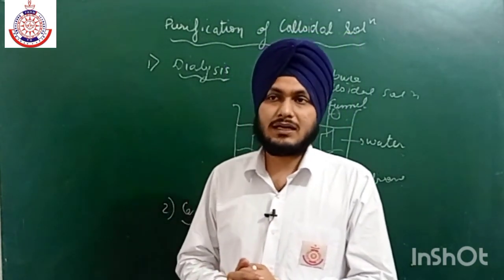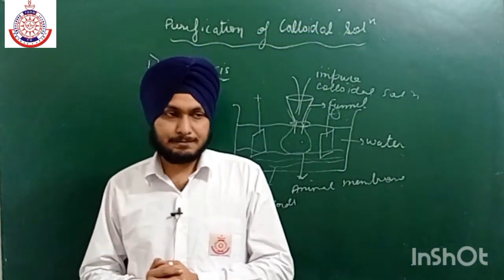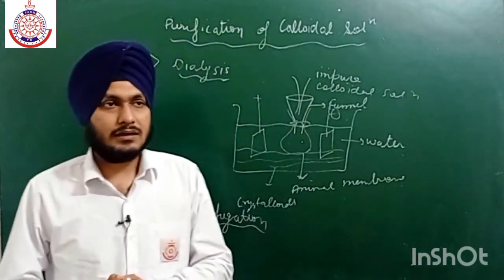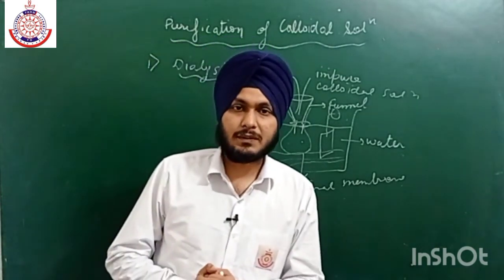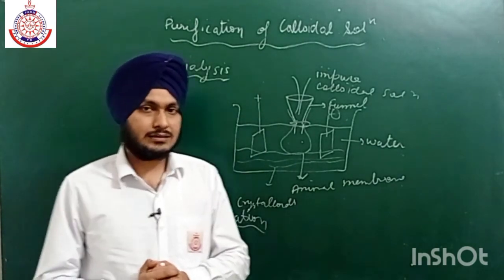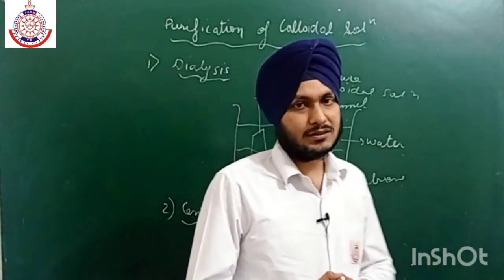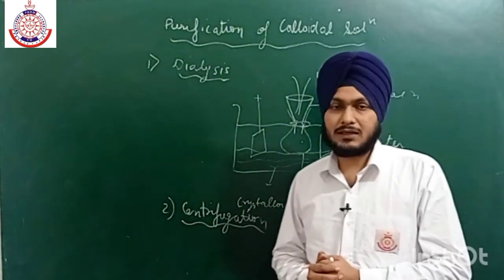So in this method, as we all know, the pores in our filter paper are quite large, and the colloidal solution as well as crystalloids can easily pass through this filter paper.